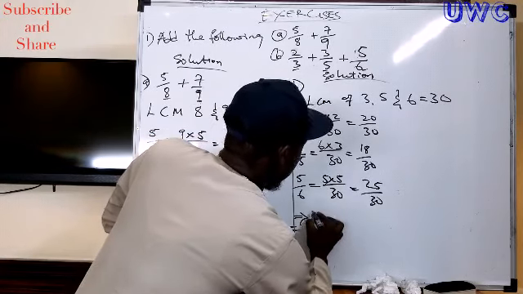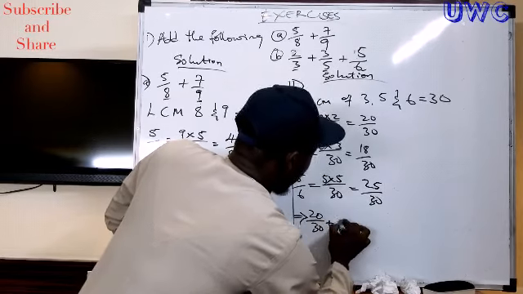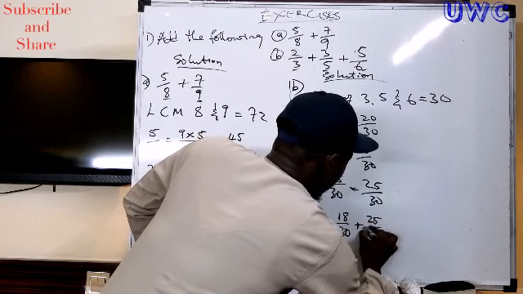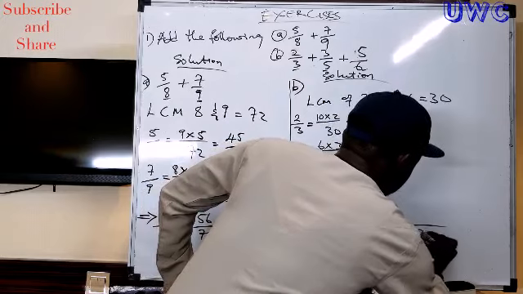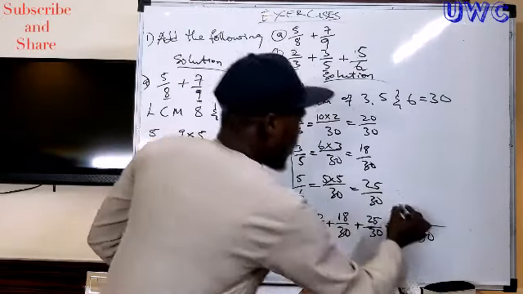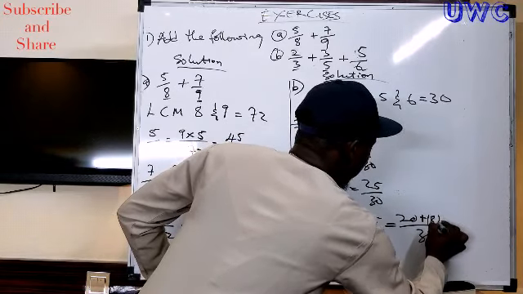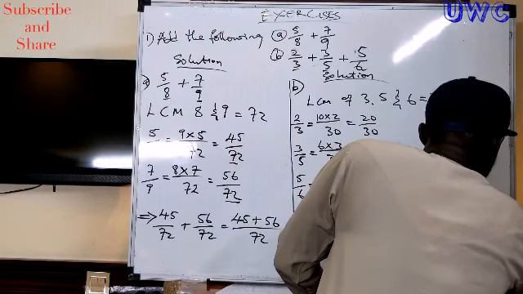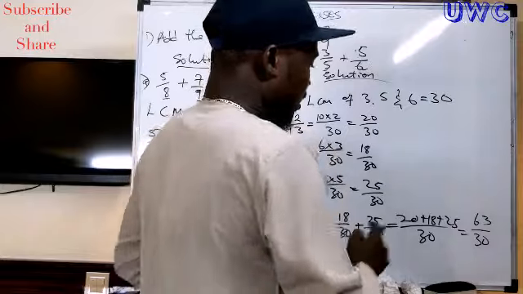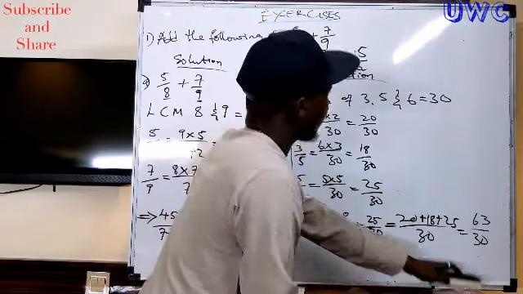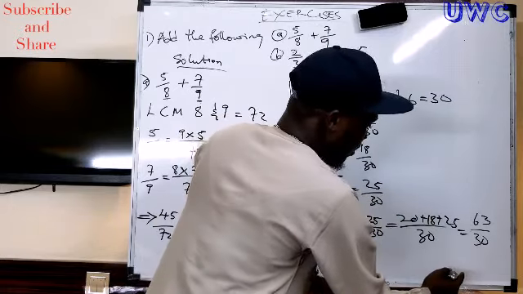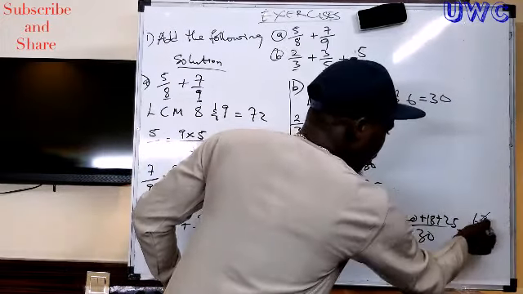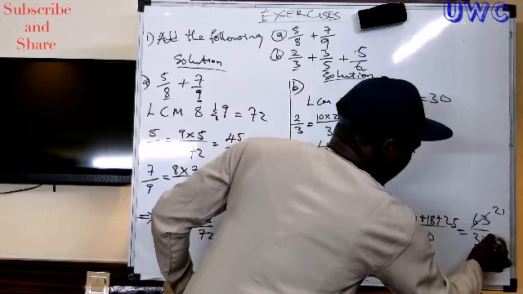This implies that 20 over 30 plus 18 over 30 plus 25 over 30, with 30 as a common denominator: 20 plus 18 plus 25 is equal to 63 over 30. 63 over 30 can be simplified. 3 can go into this to give us 21 and into this to give us 10.